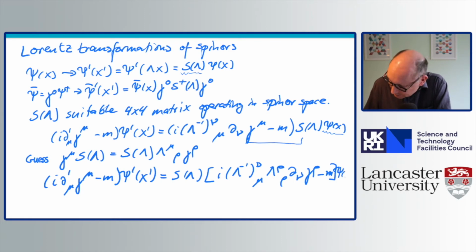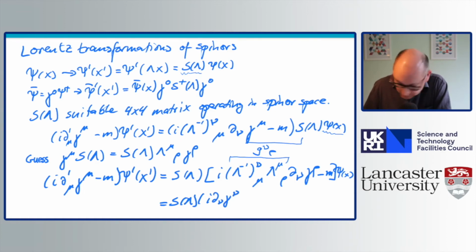But lambda inverse lambda, contracted like this, is nothing but g mu rho. So what we have here is S of lambda times i d nu gamma nu minus m, acting on psi of x.